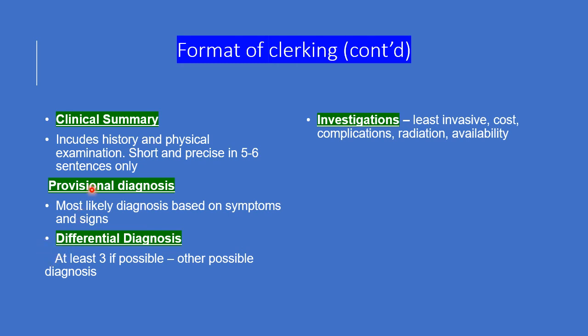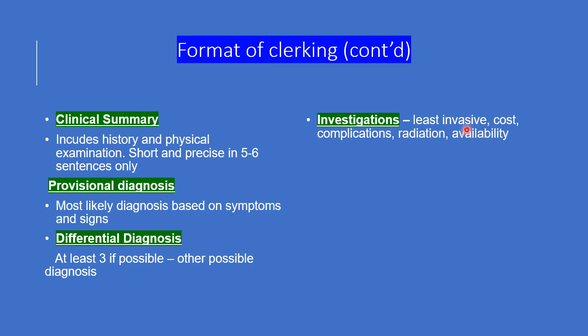After this diagnosis is entertained, then you go on to the investigations to confirm or exclude your diagnosis. It is always important to start with the least invasive, more affordable, with least or no complications, little or no radiation, and easily available.